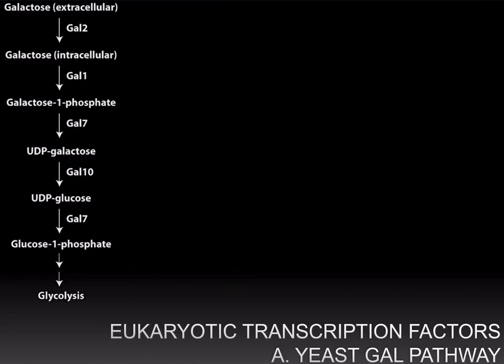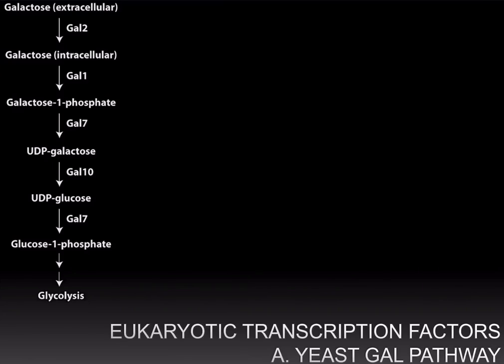In the galactose or GAL pathway, a set of enzymes are responsible for importing galactose into the yeast cell and then processing it progressively until it's converted into glucose 1-phosphate so that it can undergo glycolysis and then enter the Krebs cycle for harvesting ATP.